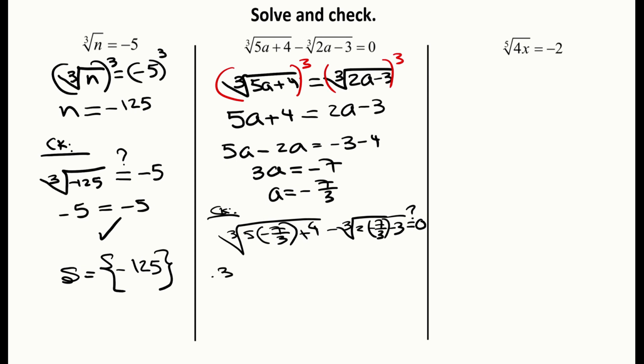So we get the cube root of negative 35 over 3 plus 4. Let me write it as 4 over 1 because we're about to combine fractions, minus the cube root of negative 14 over 3 minus 3. Again, we want to know if that's equal to 0.